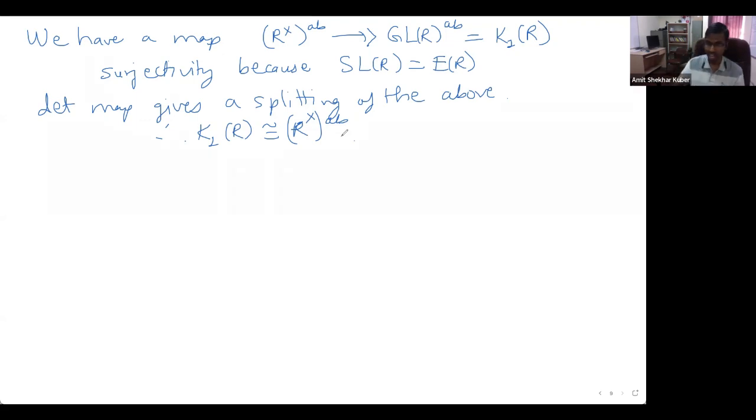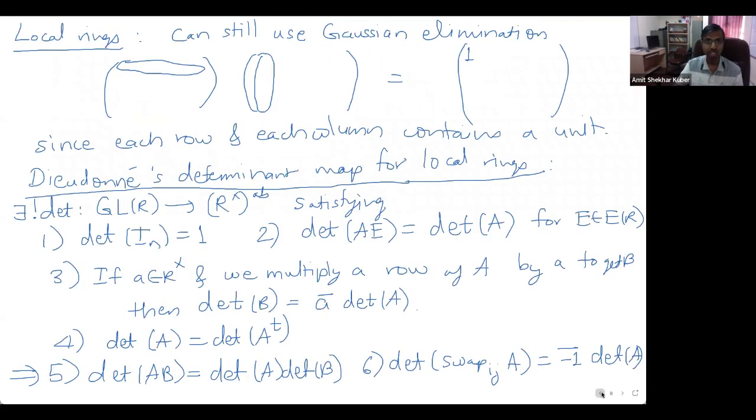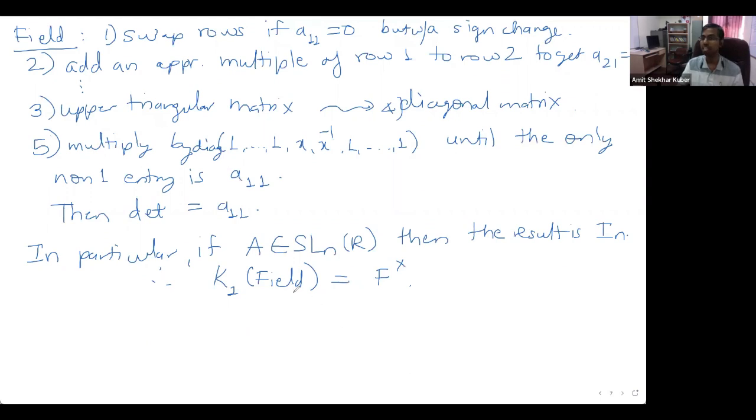Now, I want to also point out that for a field, K0 was always Z. It didn't really distinguish between two different fields, but K1 can. For two different fields, if the multiplicative groups are different, then we are distinguishing between them. They are not isomorphic. They are not Morita equivalent.